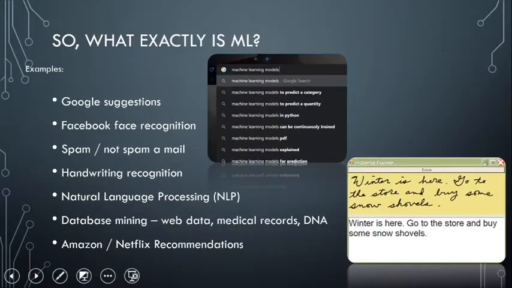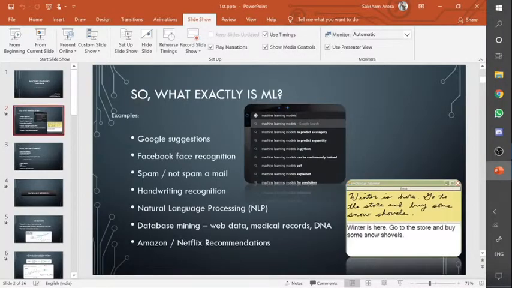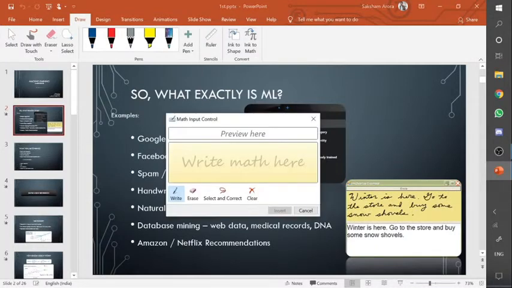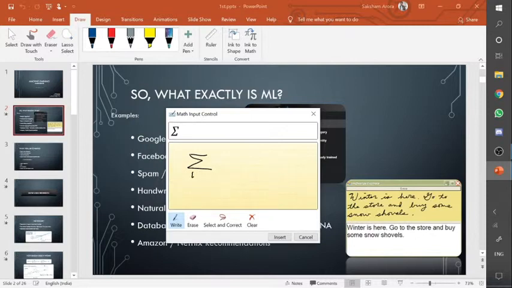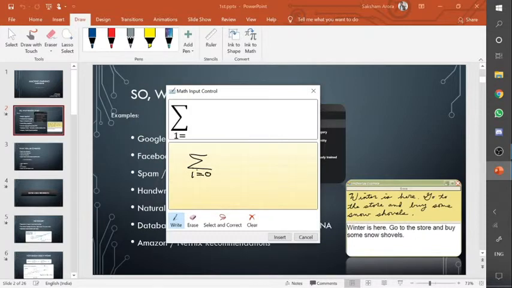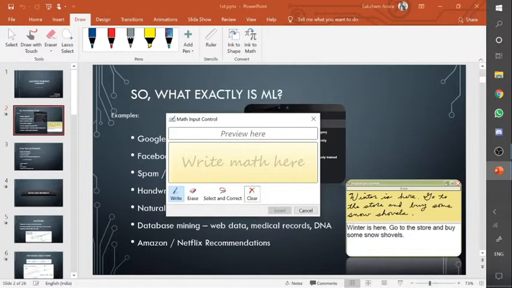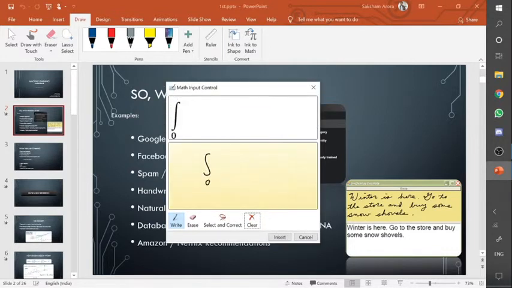And there was one more thing that PowerPoint shows you. Alright, so if I go to this draw section and then I click the ink to math section, you can see I can actually write math in here. So let's say, for example, I write sigma of i, where i goes from 0 up to n, and there might be a function in it, or I can also add some integral values into it.